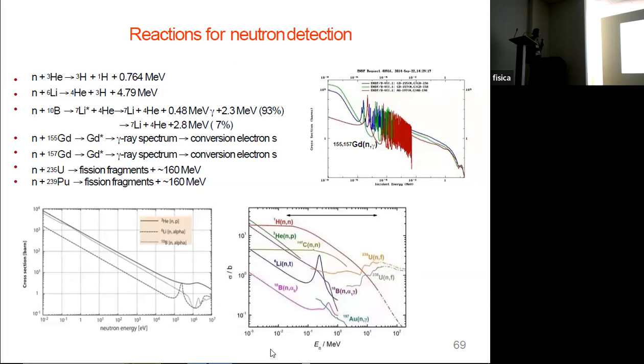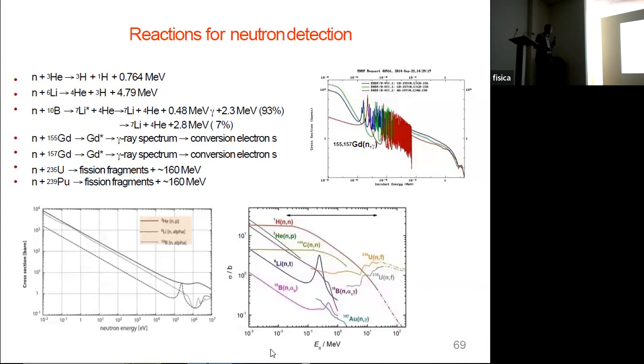One more reaction is gadolinium. This reaction leads to gamma rays and conversion electrons. Gadolinium-155, gadolinium-157, and the last two reactions are fission reactions, where we have fission fragments with energies of about 116 MeV distributed between these fission fragments.